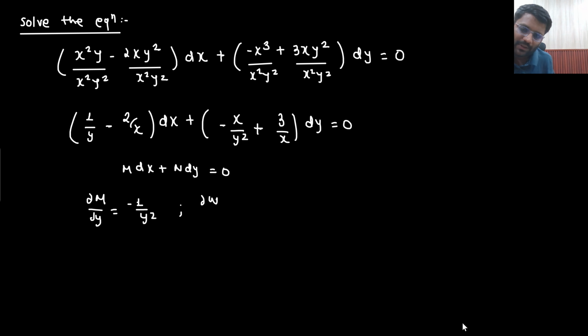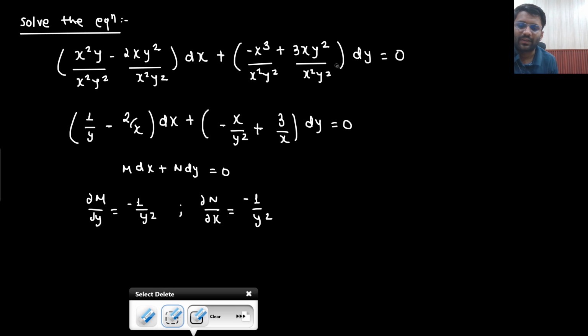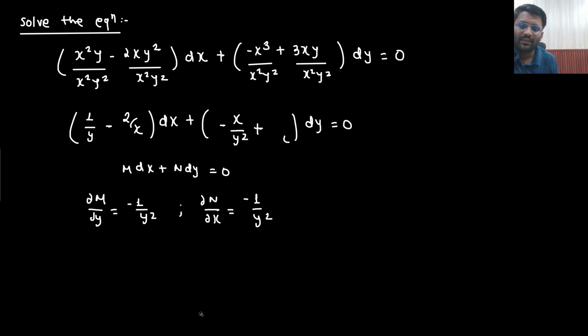Partial differentiation of N with respect to x, sorry guys, it was 3x square y. So x square y, and this is coming out to be 3 by y.